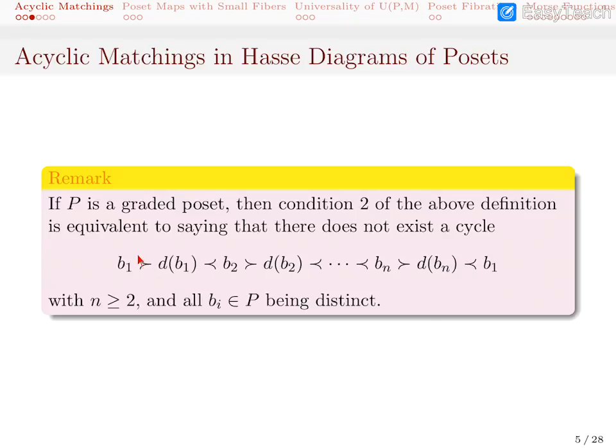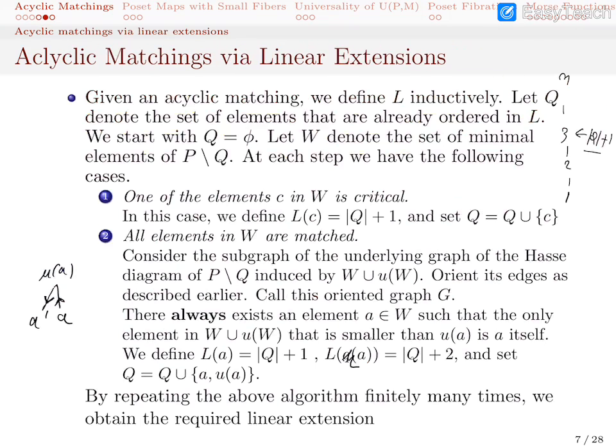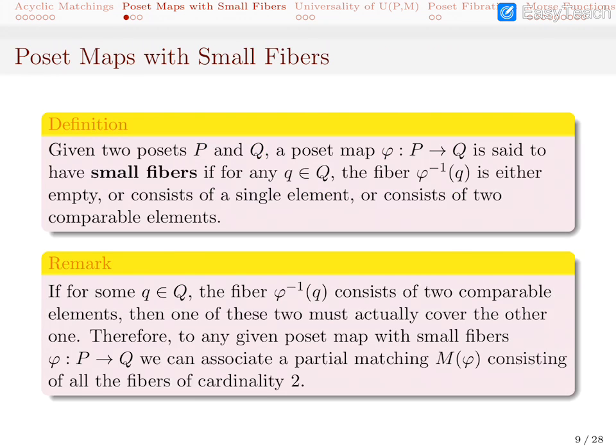That is, B1 covers U(B1), which is covered by B2 and so on, then we again hit B1. So pictorially it is just something like this. These are kind of alternating paths, and you cannot just hit back at B1. That's just a remark which we will use later, but let's now just move on.